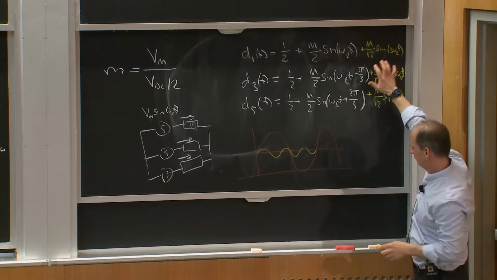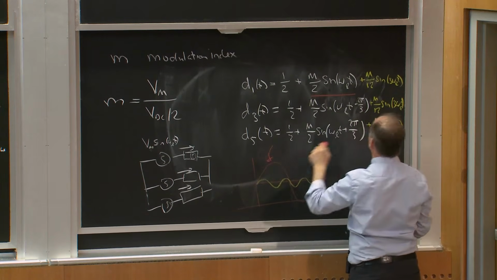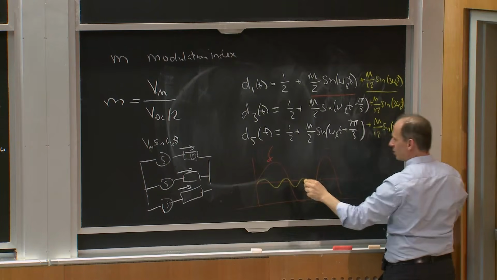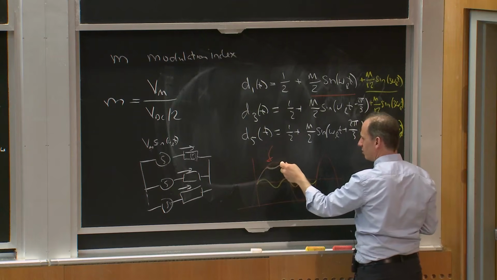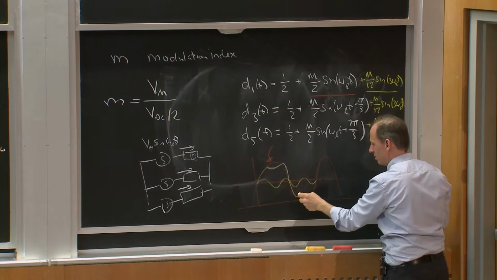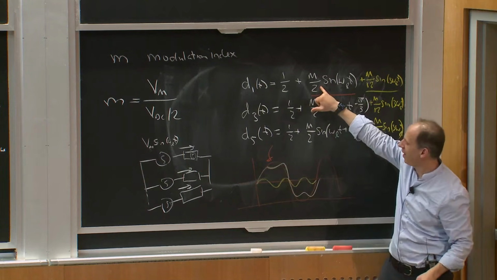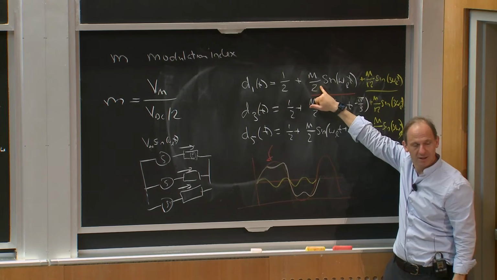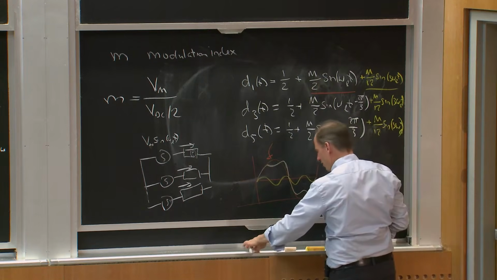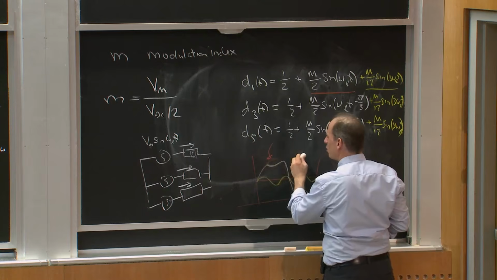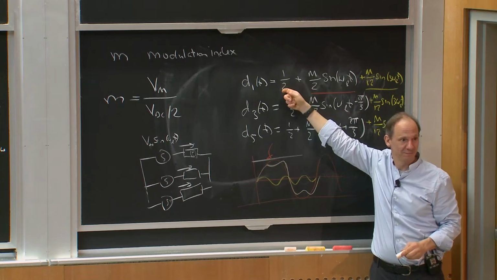So the sum of this piece and this piece has some distorted shape which does something like this. And what that means is I can turn up m just bigger than 1, and it turns out to be about 1.15 before basically the peak will hit VDC over 2, or before my duty ratio will saturate at 1.